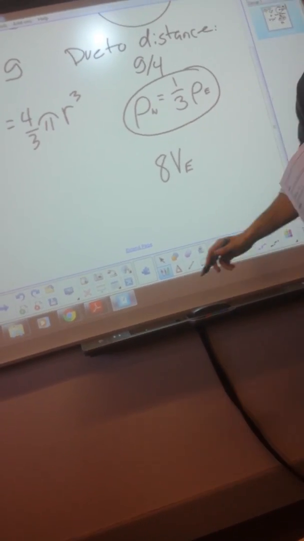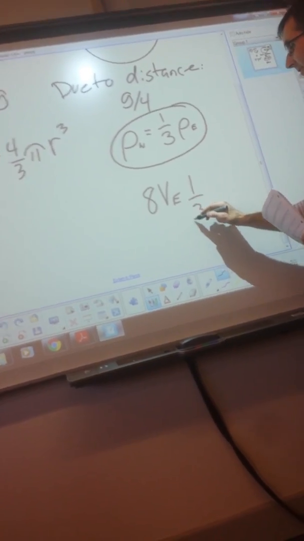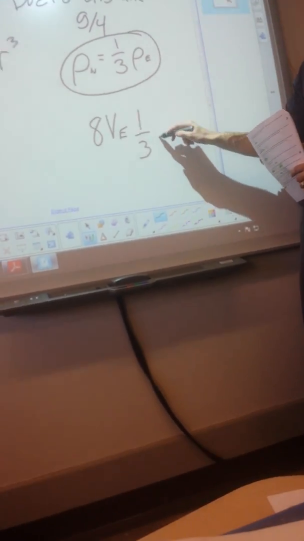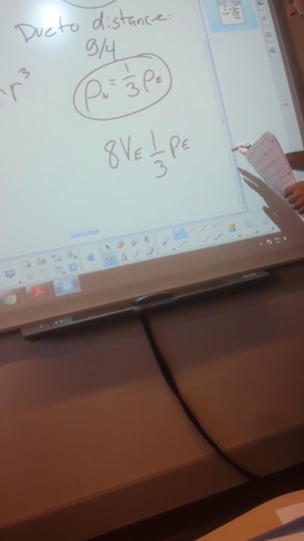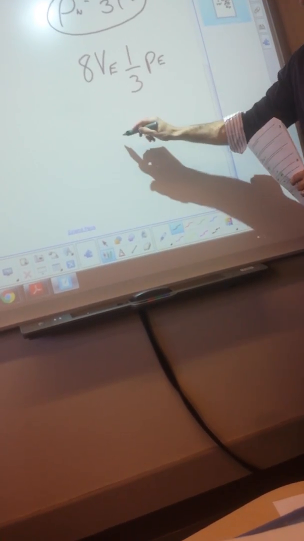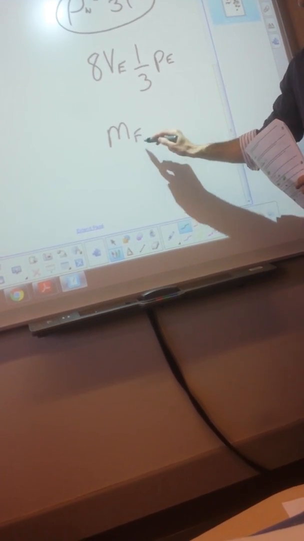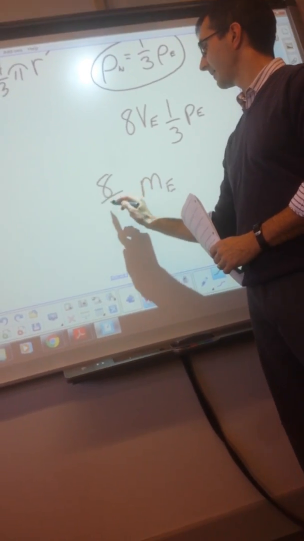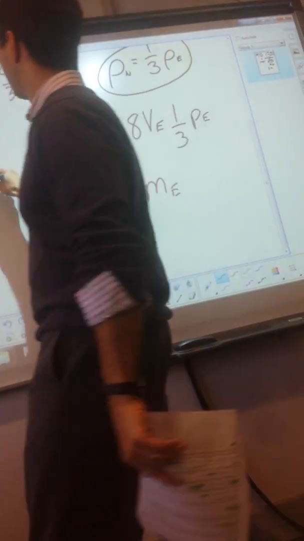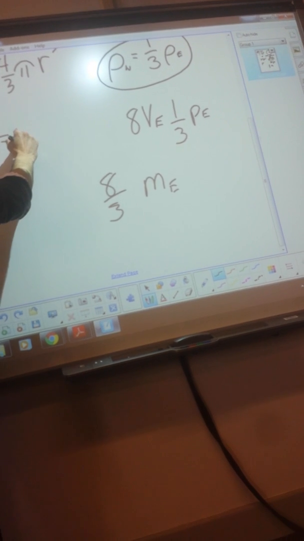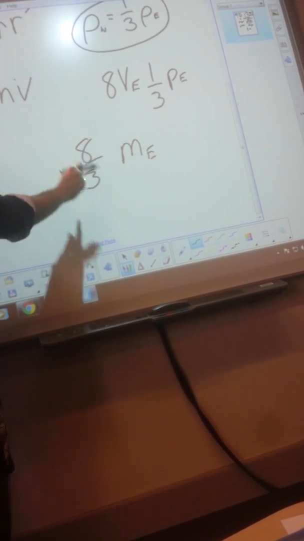Okay? But it has 1/3 of the density of Earth. So compared to the mass of Earth, it has 8/3 the mass. The definition of density is mass divided by volume.